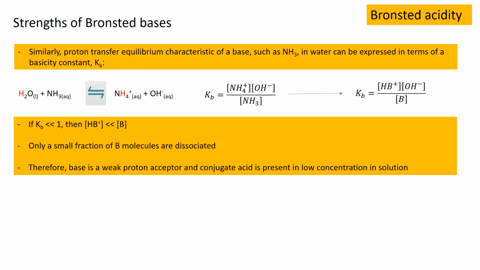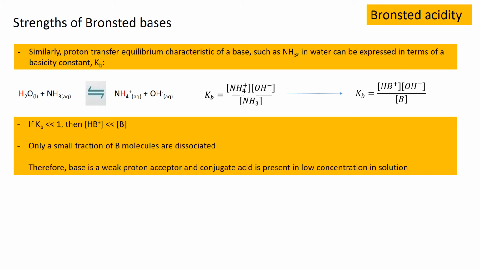Now we can also determine the strength of a Bronsted base, and we do that in exactly the same way. We write these proton transfer equilibria as basicity constants now, again with the concentration of the products divided by the concentration of the reactants. And we think about their magnitude in exactly the same way.